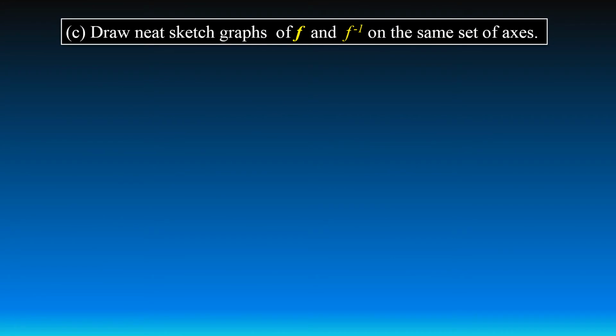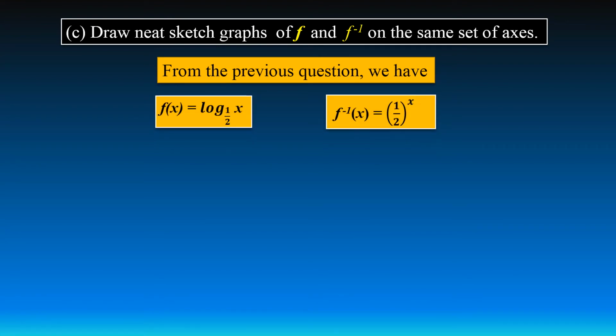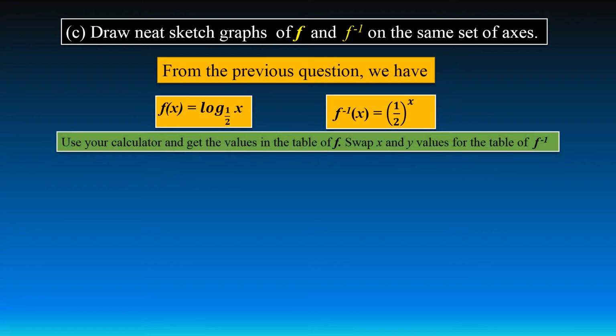Draw neat sketch graphs of f and f inverse on the same set of axes. From the previous question, we already have f of x and f inverse x. So what we will do here is just use the calculator and get the values in the table.